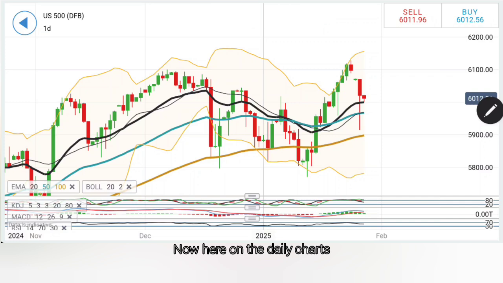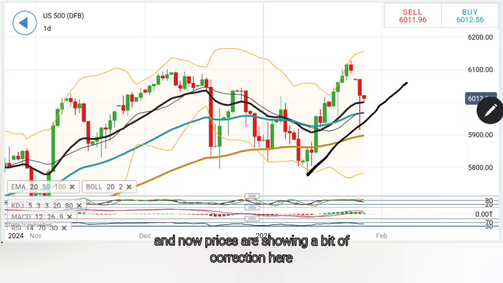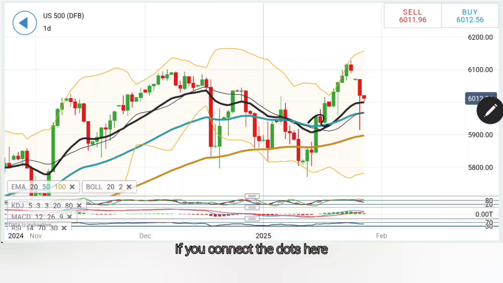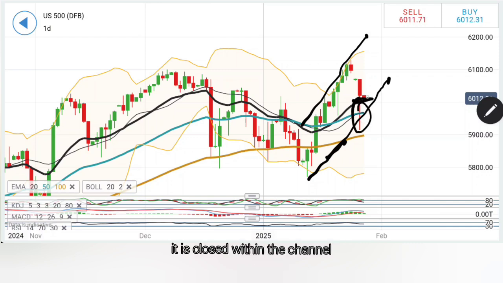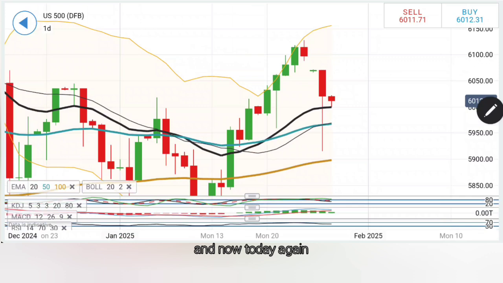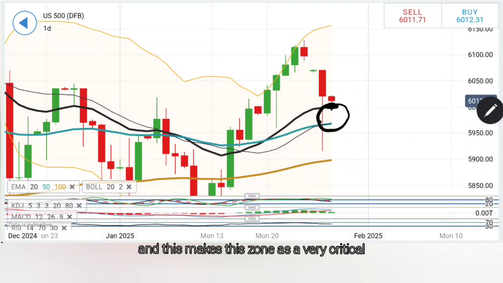Coming now to the daily charts, notice after this dip we have seen a stronger rise, and now prices are showing a bit of correction here. If you connect the dots here, you can draw a parallel. See, the highs are beautifully aligned, and now I can see, despite the prices breaching below the lows here, it closed within the channel, and now today again, see, it is taking the support from the 20 period moving average, and this makes this zone a very critical support zone.